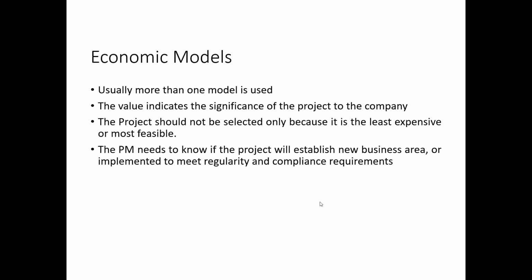And then we have economic models, where usually more than one model is used, and the value indicates the significance of the project to the company. The project should not be selected only because it is least expensive or more feasible. And the project manager needs to know if the project will establish a new business area or implement to meet regulatory and compliance requirements. So these are the economic models here.